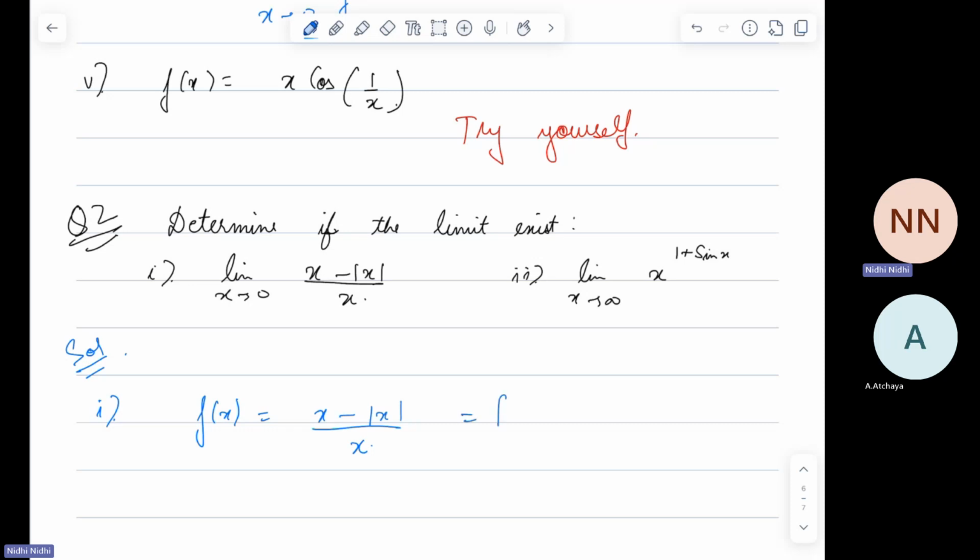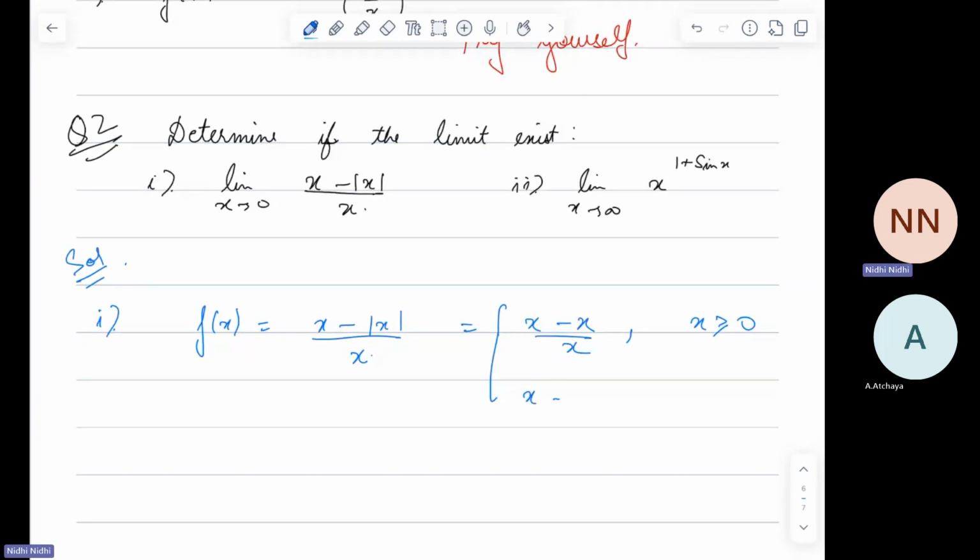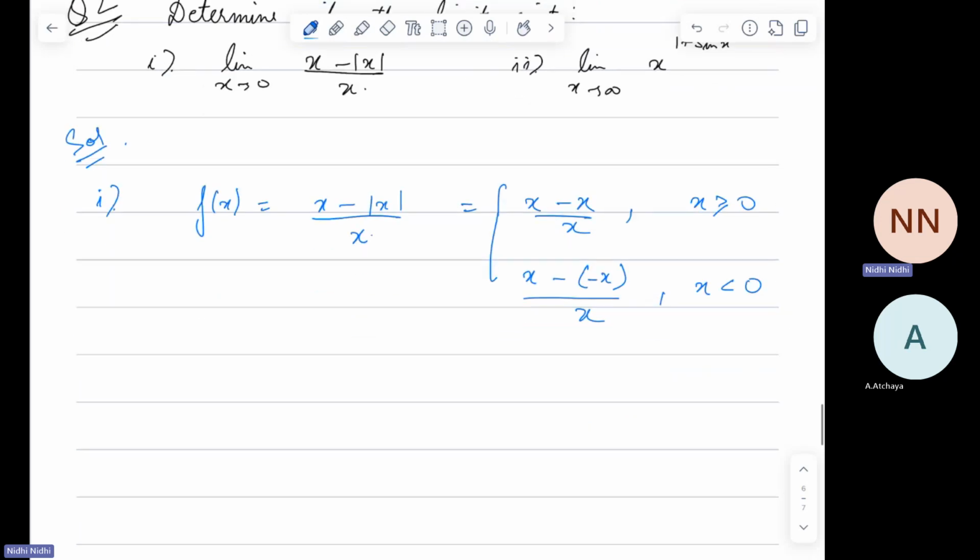So this is basically x minus x by x when x is positive, because mod x is equal to x whenever x is positive, and x minus minus x upon x when x is strictly less than 0, because mod x is equal to minus x for x negative. So this is nothing but 0 for x greater than or equal to 0, and 2x by x, so 2, for x strictly less than 0.